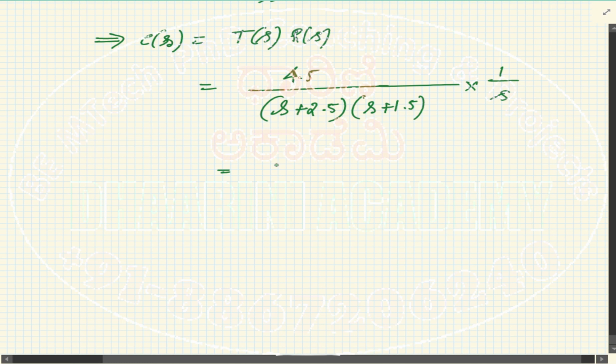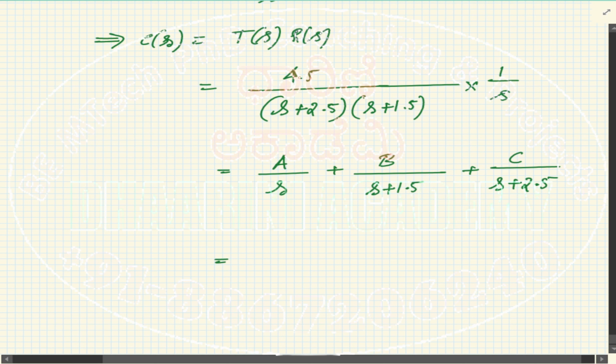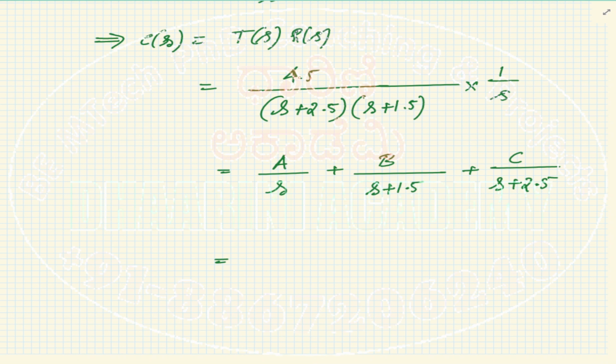We'll equate this to A divided by S plus B by S plus 1.5 plus C by S plus 2.5. Please calculate the values of A, B, and C. Sure, take your time.